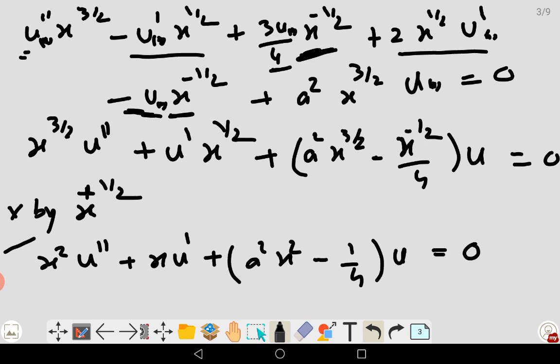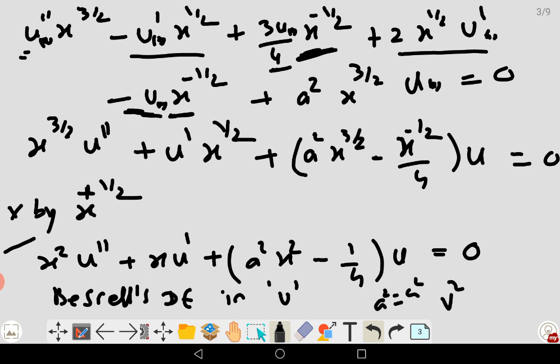Now this is a Bessel's differential equation in the variable u, where a square is a square, v square is 1 by 4, v is 1 by 2.